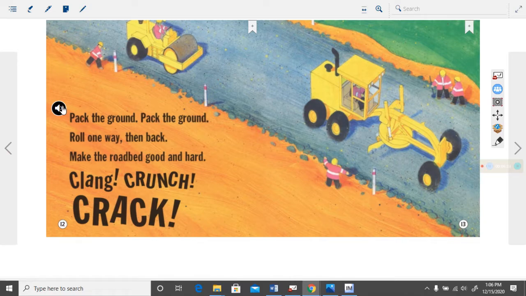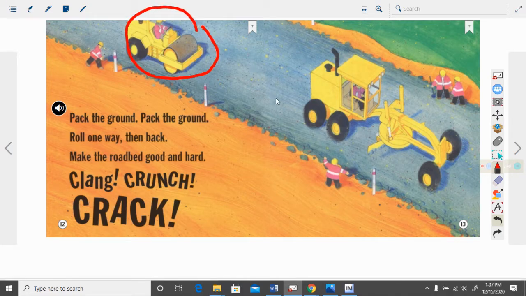Do you see which machine on here that looks like it rolls? I see this big one right here with a big roller on the front. This one looks like it has something that's digging in to help smooth it, but this one has that big roller that packs it down.